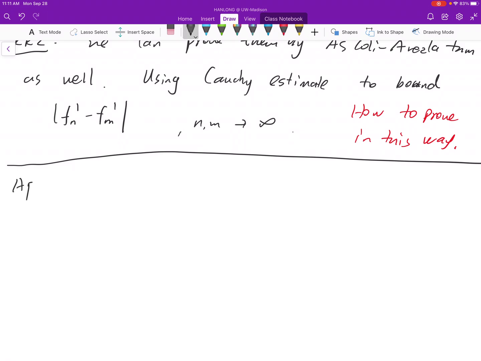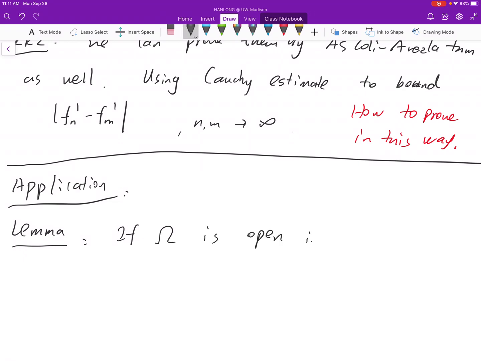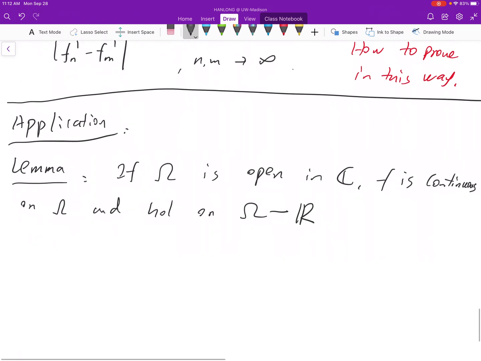Now let's give a second application, which is very interesting: a geometric lemma. If omega is an open set in C, F is continuous on omega and holomorphic on omega minus the real number line, then F is holomorphic on omega.